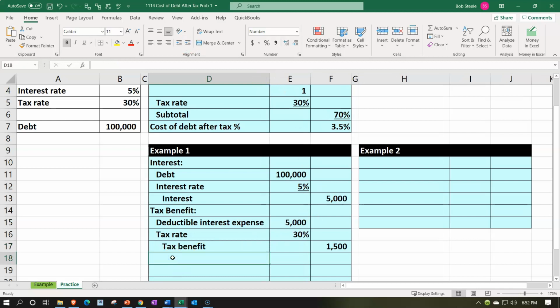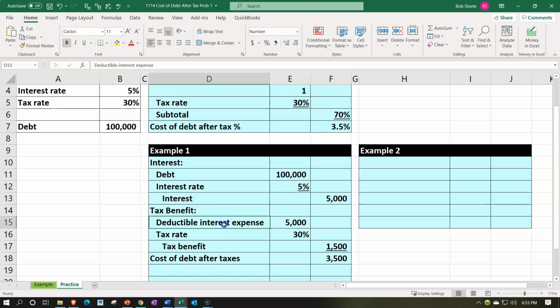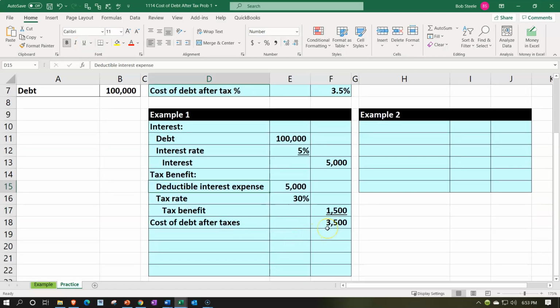So the cost that we have then, the cost of debt after taxes, is really not just the 5,000 that we're paying, like the rent or interest, which is kind of like rent for the purchasing power of the 100,000, but minus the tax benefit. So really, given the fact that we reduced our taxes, the cost is going to be that 3,500. That's the cost, but we might want to know that as a percent calculation, right?